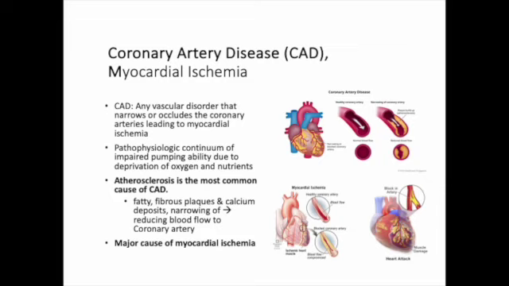Myocardial ischemia, as well as MI, under this coronary artery disease is a continuum of pathological changes that impairs the pumping ability of our heart. When we're not able to pump blood appropriately, we are putting our heart in a condition of depriving the heart muscle of blood-borne oxygen as well as nutrients.